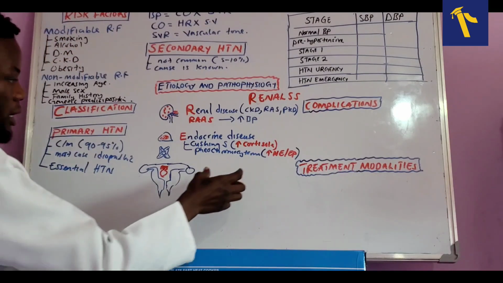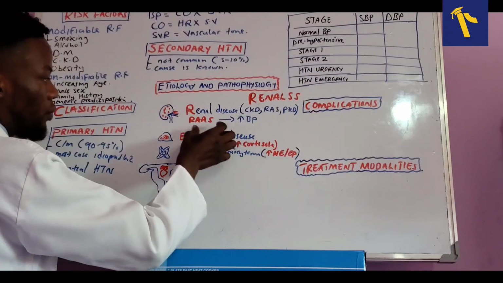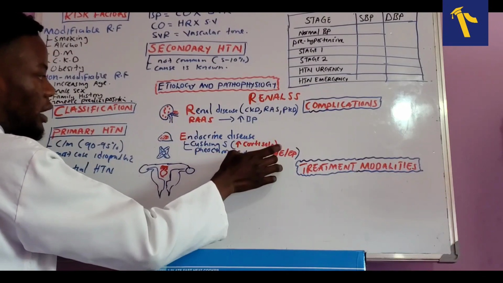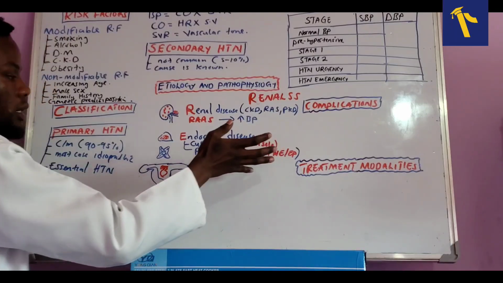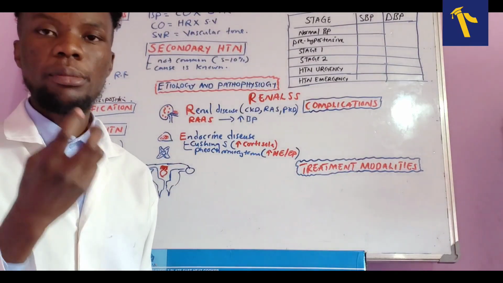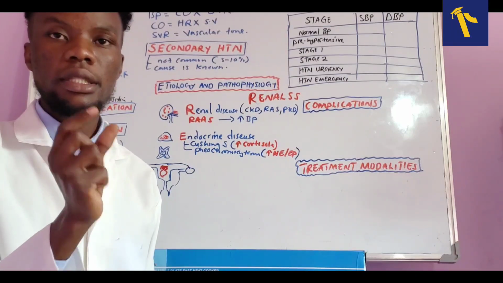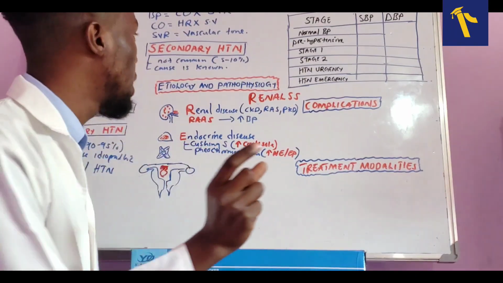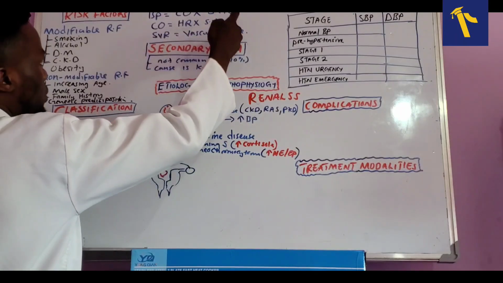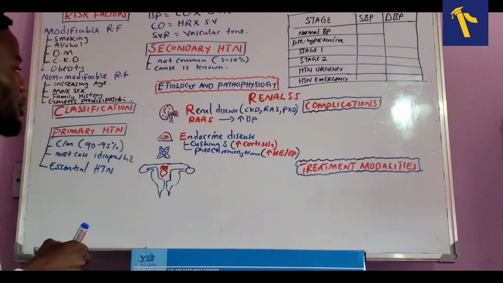Remember, we said renal disease increases RAS, but these two have the direct ability to act on the blood vessels, thereby increasing the systemic vascular resistance. If you remember, if you increase the systemic vascular resistance, it's going to increase the blood pressure.